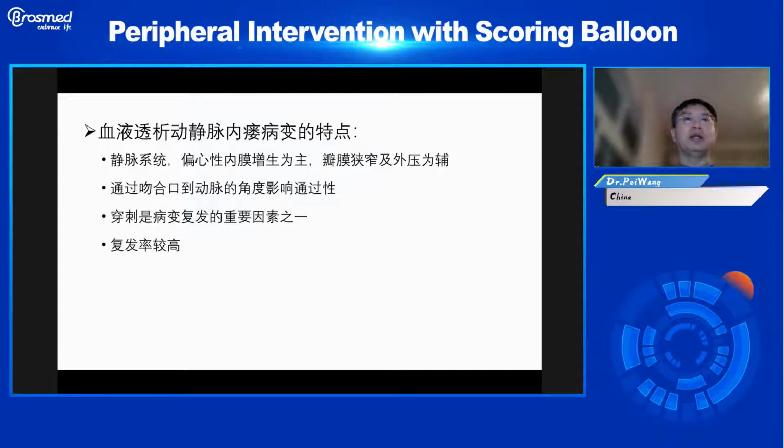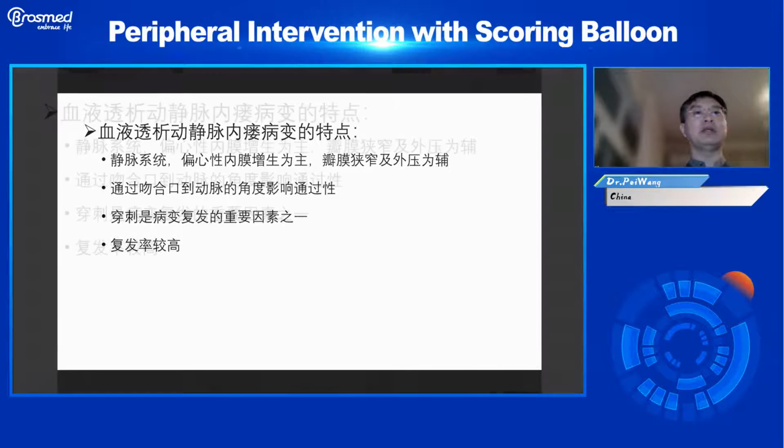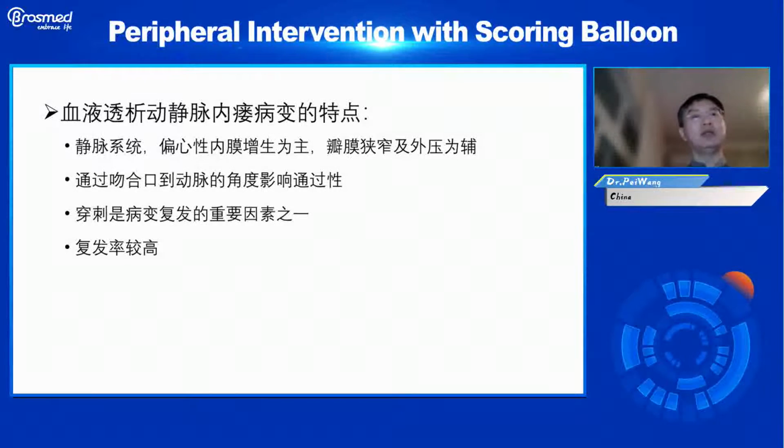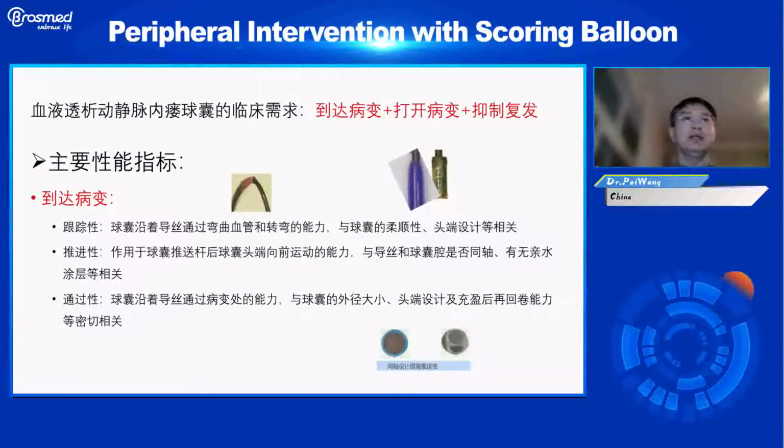The characteristic is that the angle from the anastomosis to the artery is large, so for some special balloons, it's difficult to pass. The difference between this and the artery system is that we need puncture, and puncture is an important factor for recurrence, so the recurrence rate is high.